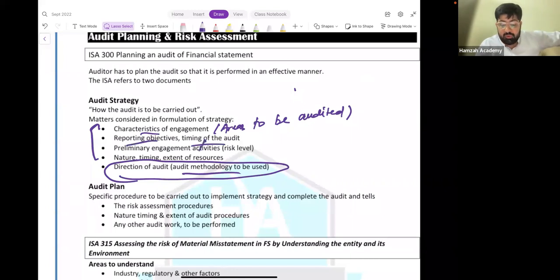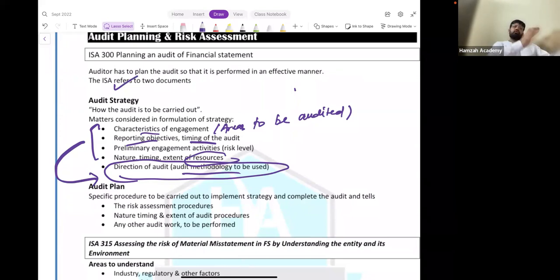Whether they want to report us for the statutory purpose, legal purpose, resources, audit team members, staff, skill, how much is available, how much is required for audit. These same four items. Based on that, you need to choose the direction of audit. That is called audit strategy.